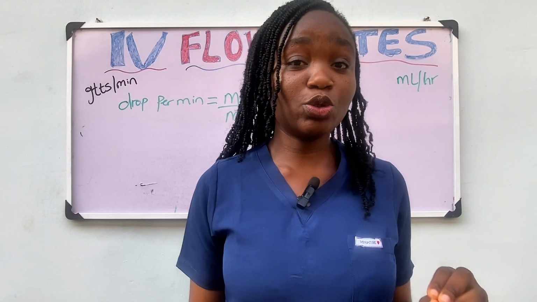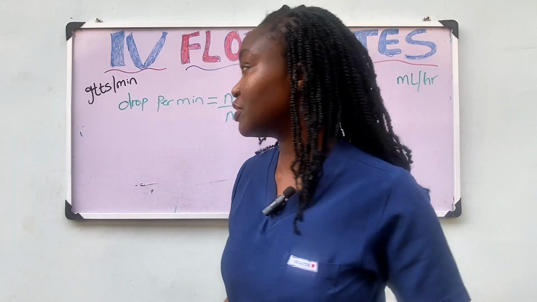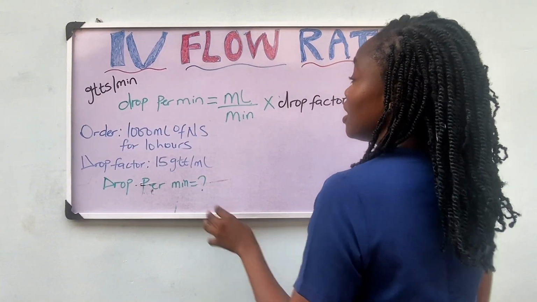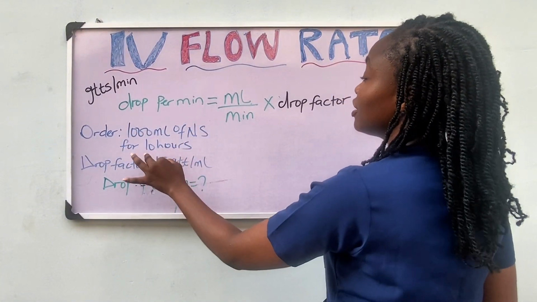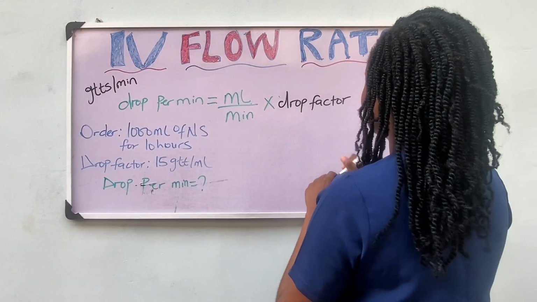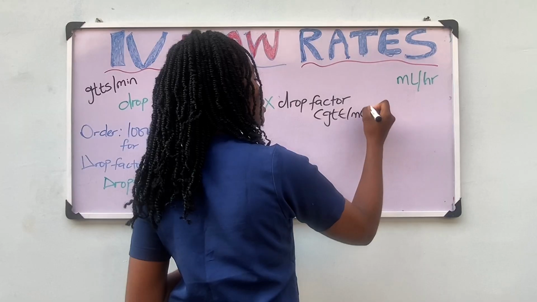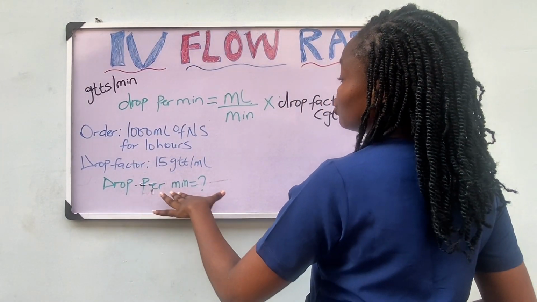The first thing you want to do in this kind of question is to input our figures for easy solving. From our question, what was ordered for this patient was 1000 mL of normal saline over 10 hours, and our drop factor, which is the unit GTT per mL, was 15, and we were asked to calculate our drops per minute.